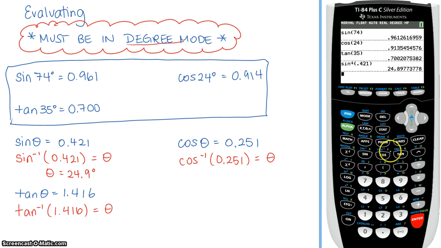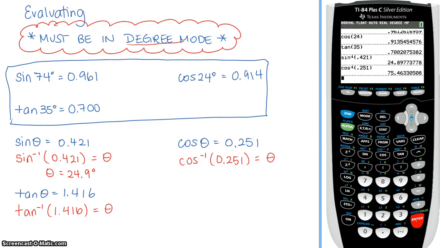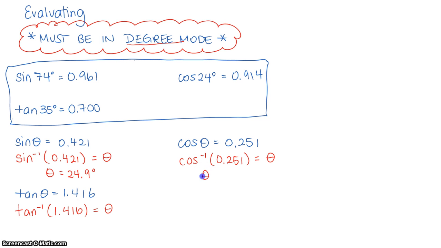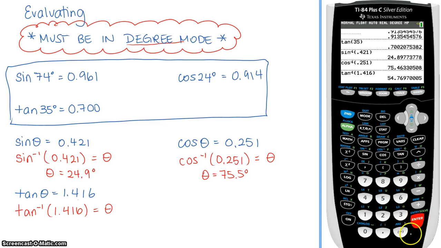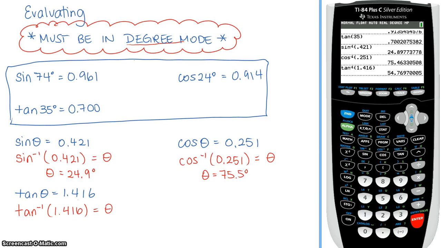And if we do the same thing for cos, above cos there's a cos inverse button. Second cos, 0.251, and you'll get 75.5 degrees. And again, above tan, there's a tan inverse, so second tan, 1.416, and we get 54.8.